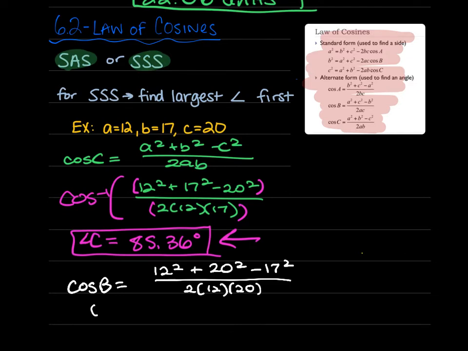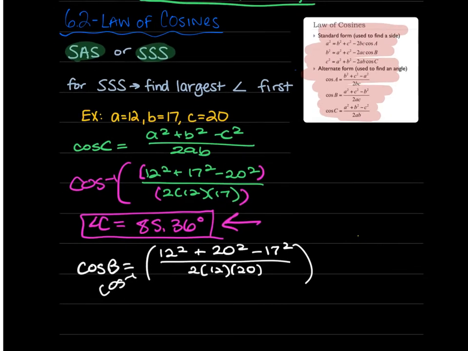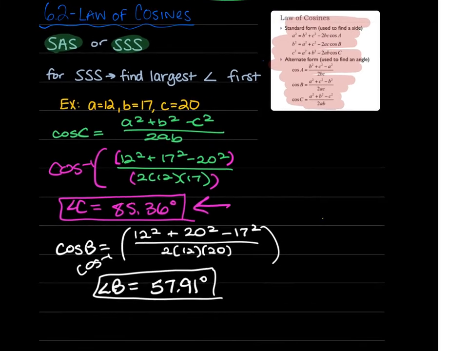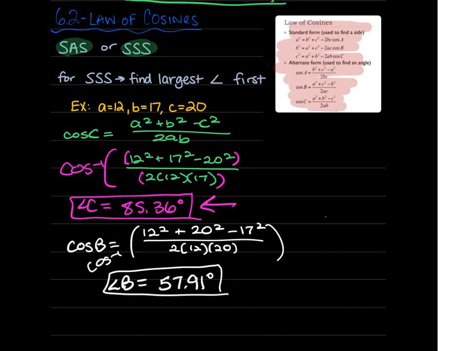And again, I would do cosine -1 of that entire thing, making sure I open my parentheses for the numerator and then close them, divided by, open them back up again. Then I get B. Then for A, all I have to do is just subtract it from 180.